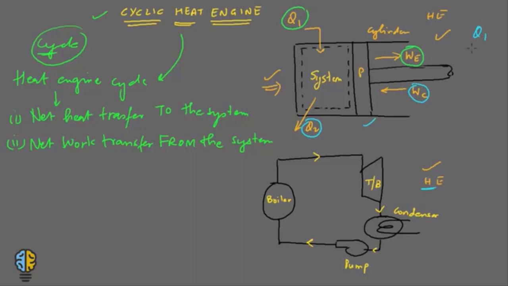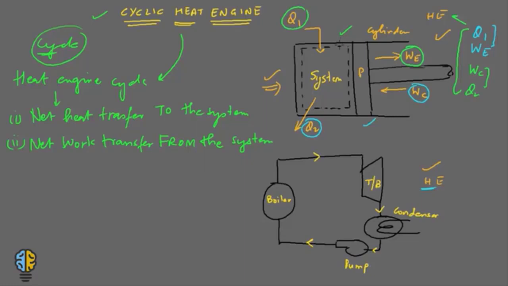The second process is the expansion work that comes out of the system. So this is a pair of two processes. The next pair of processes would be the supply of work as compression work, WC, and some heat rejection as Q2. So these four processes in combination create a heat engine cycle, which we call a heat engine of this sort.